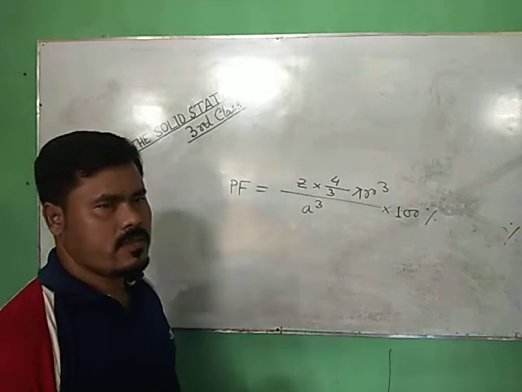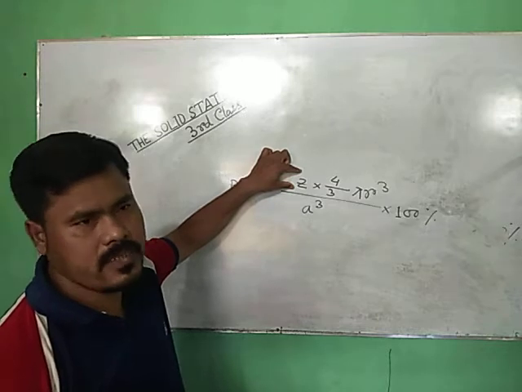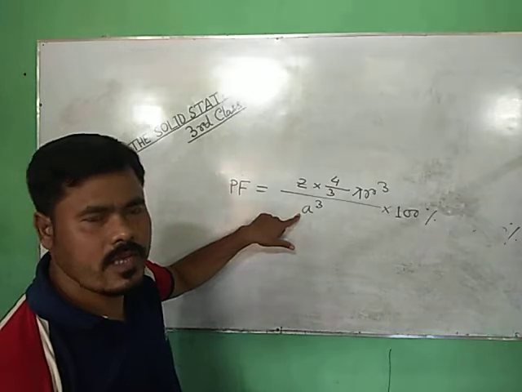Note the volume occupied by all the particles is always smaller than the total volume of the unit cell.